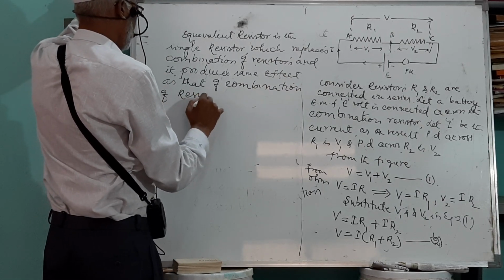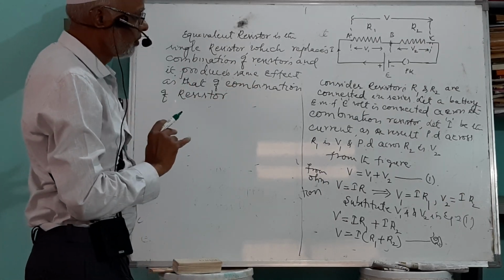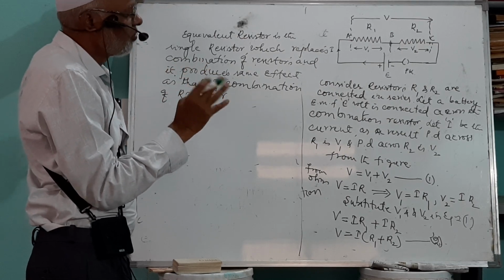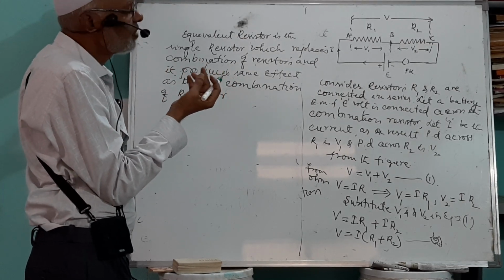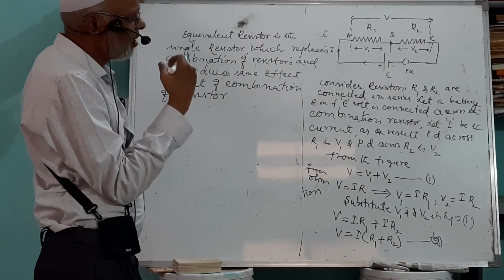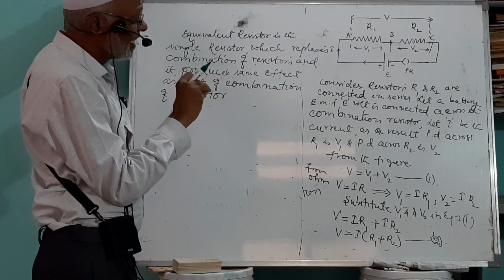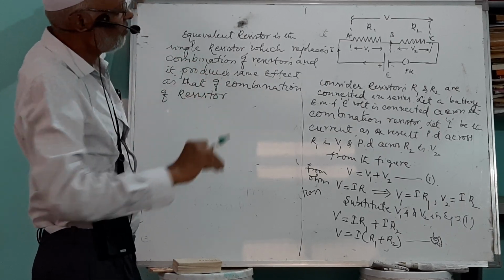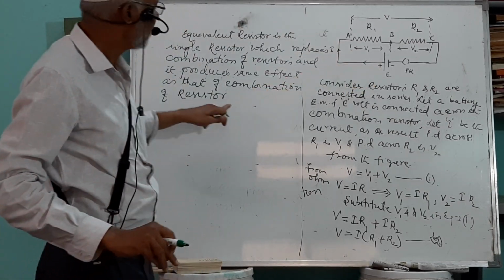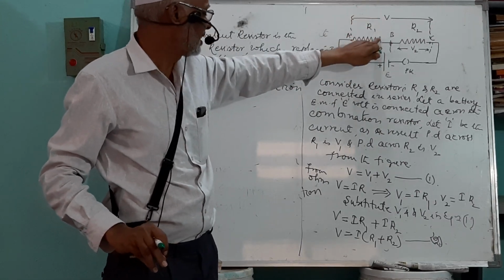So by combining any number of resistors, three or more, suppose you are able to draw 5 ampere of current. Now you replace all three resistors and connect a single resistor. Suppose by connecting a single resistor to the cell, you are able to draw that same 5 ampere of current, then that single resistor we call the equivalent resistor.